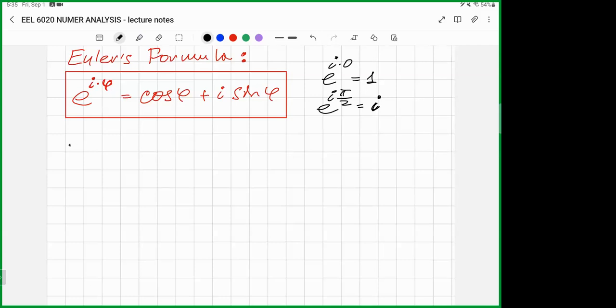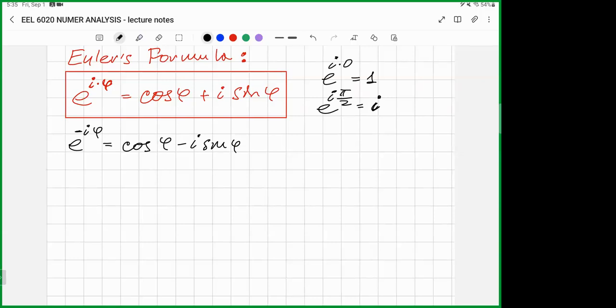What would I get if I substitute I by minus I here? Write something like this: cosine phi minus I sine phi, right?